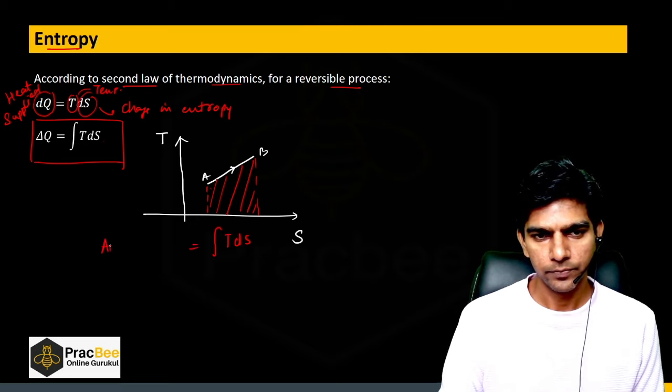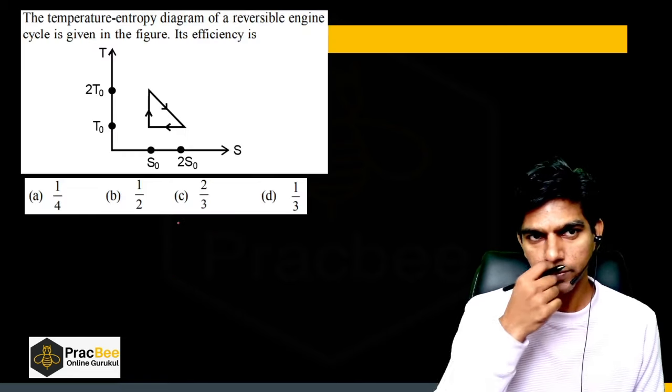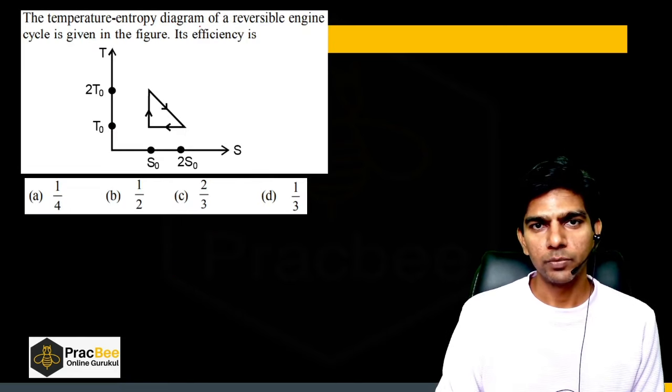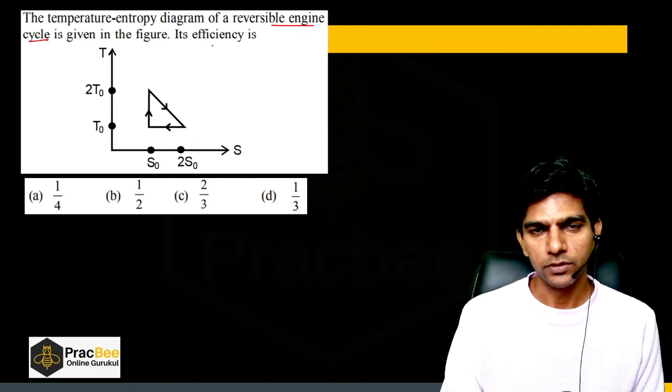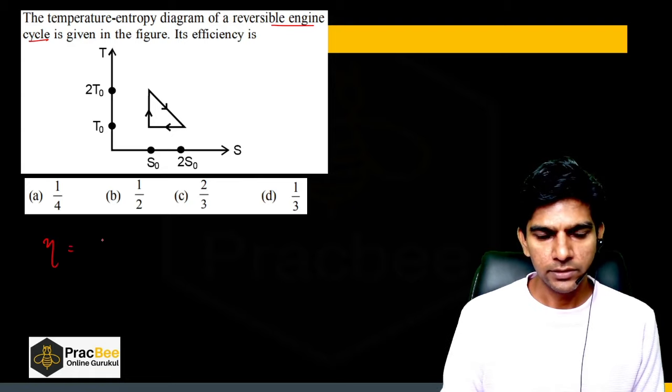It is the area under the temperature and entropy graph. So do remember this. Let us see a question based on this concept. The temperature entropy diagram of a reversible engine cycle is given in the figure. Its efficiency is, so we know that efficiency is nothing but work done upon heat supplied, right?